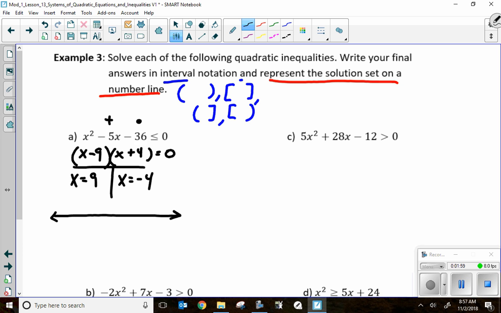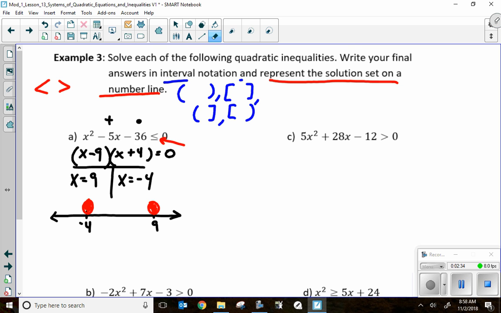Here's my number line. Here's negative 4. Here's 9. I'm going to put 2 circles here. Now the million-dollar question is, do I fill them in or are they empty? If there is a straight line underneath my inequality sign, meaning less than or equal to, greater than or equal to, that means I fill in the dots.